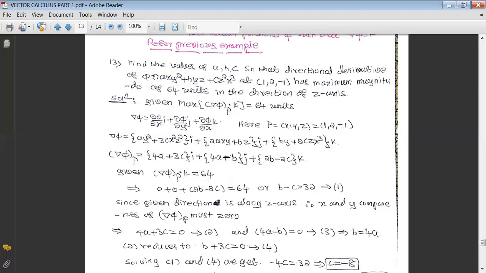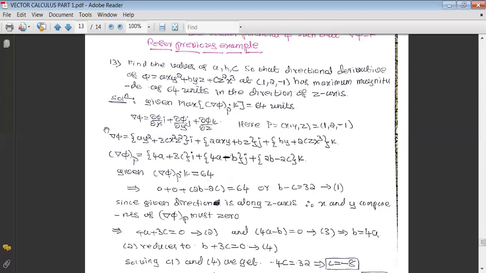If we differentiate this partially with respect to x, we can write it as (ay² + 3cz²x²) i, plus if we differentiate with respect to y, that is (2axy + bz) j, and when you differentiate with respect to z, we get (by + 2czx³) k.